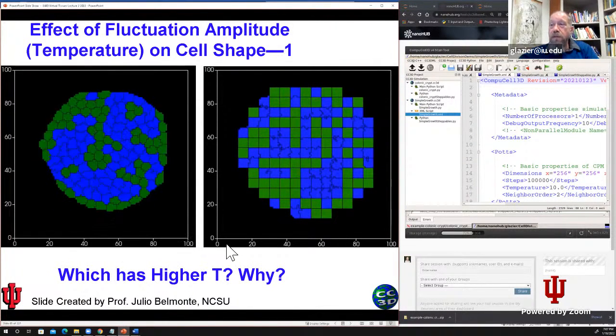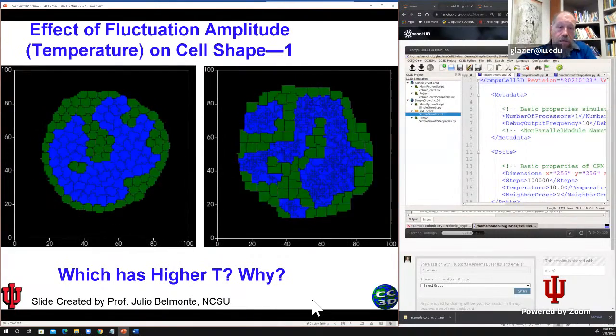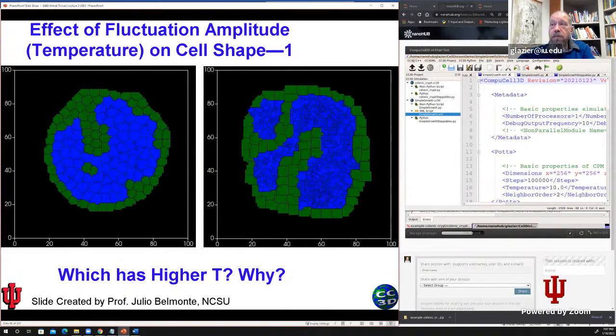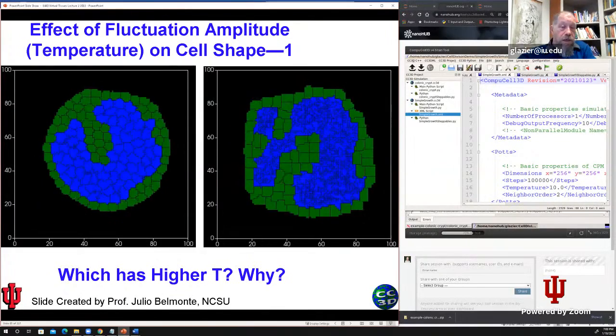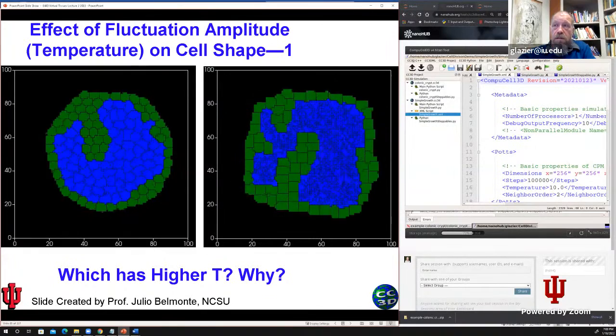Here's another pair of simulations with the same question. This is now not a single cell, but this is cell rearrangement. Which one has higher T? Which has more fluctuations?